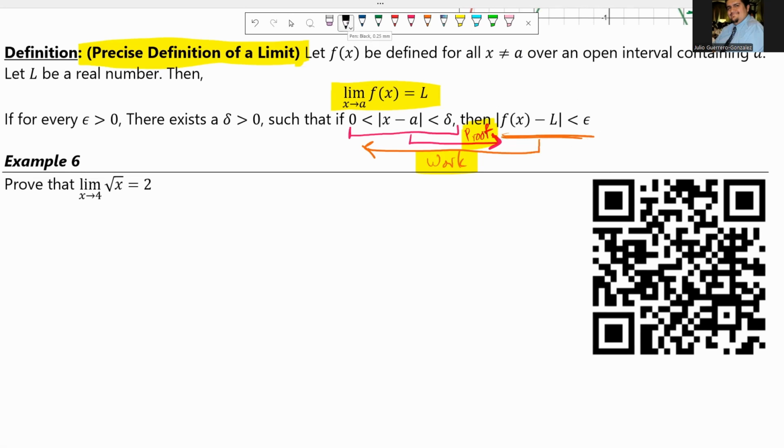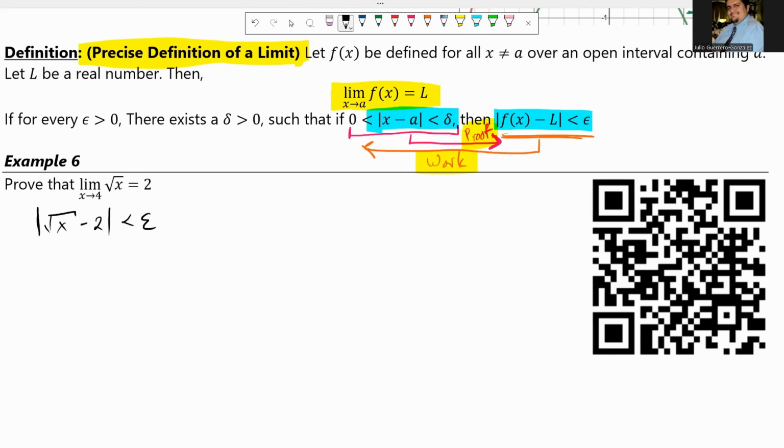So what I'm going to do is the square root of x minus 2. We need to show that that is less than some epsilon. The point here is we are starting with this. We need to produce this somehow, and we need to get that delta so that we can do the proof out, okay?